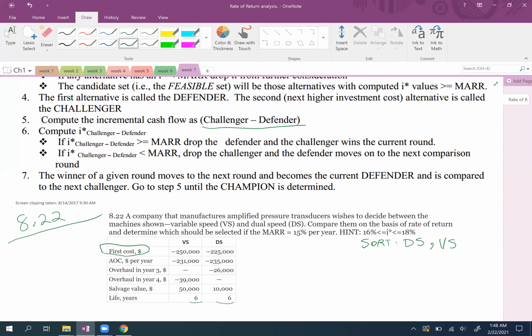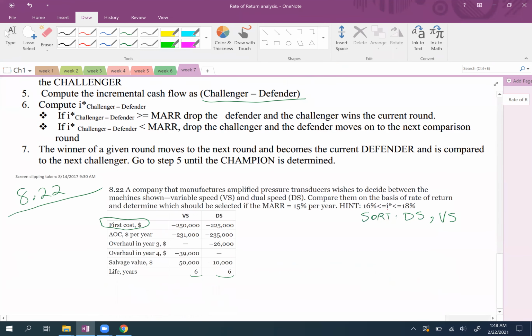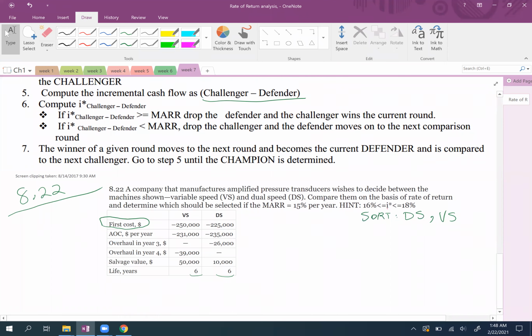Right now I only have two alternatives, DS and VS. So I would say VS minus DS: the project with higher initial investment minus the cheapest one.